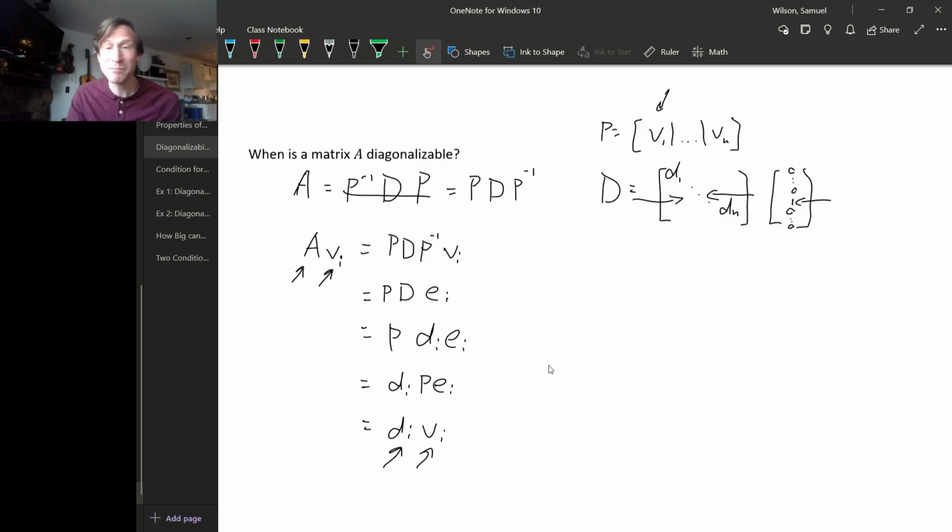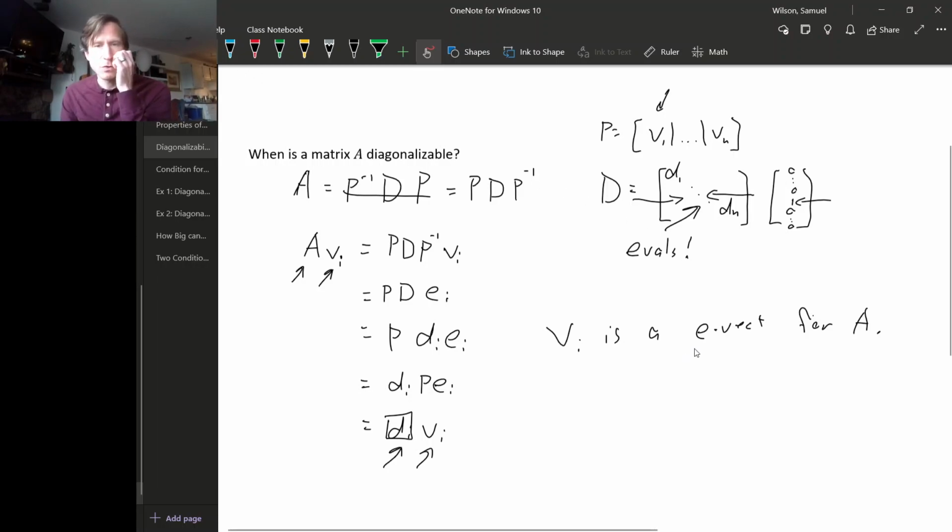So that means that Vi is an eigenvector for the matrix A. In particular, the eigenvector associated to the eigenvalue that is this diagonal entry, right? It turns out these diagonal entries are the eigenvalues for A.